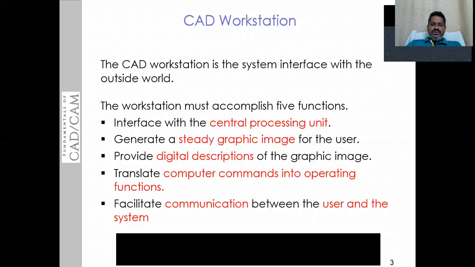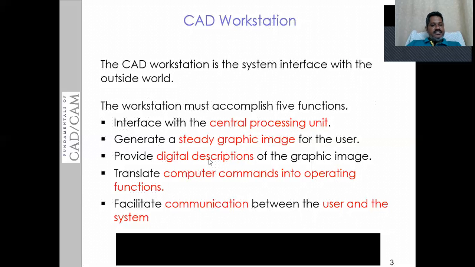It must be able to generate a steady graphic image for the user. The CAD workstation must be able to generate a graphic image for the user to visualize. It also should be able to provide the digital descriptions of the graphic image.